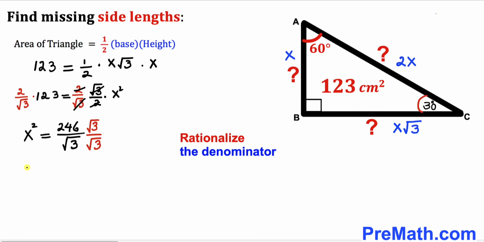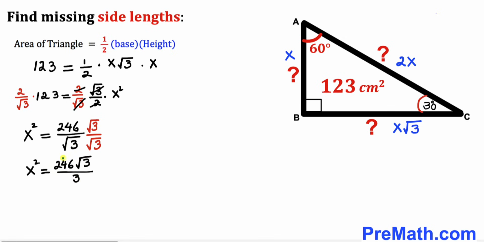So therefore, x square is going to be equal to 246 times square root of 3 divided by 3. And now we can see 246 divided by 3 reduces to 82. So therefore, x square value turns out to be 82 times the square root of 3.